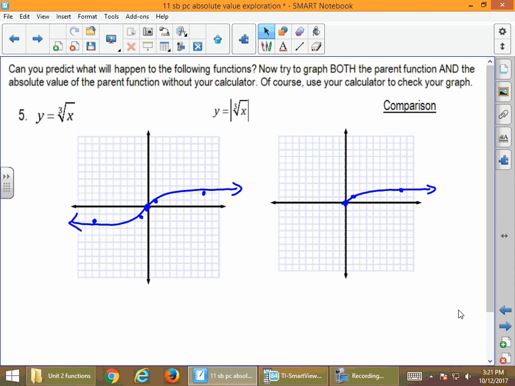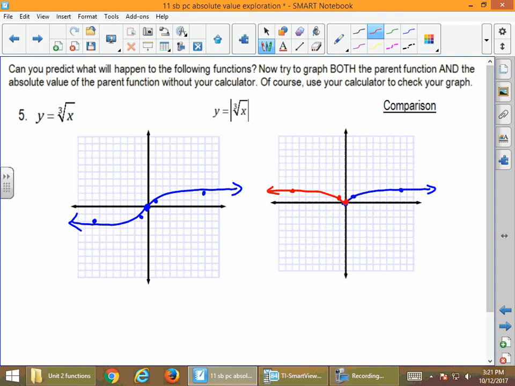But what's going to happen now is that the negative 1, negative 1 is going to become negative 1, positive 1 because we took the absolute value. And the negative 8, negative 2 is going to become negative 8, positive 2. And there is now the graph of the absolute value of the cube root of x.